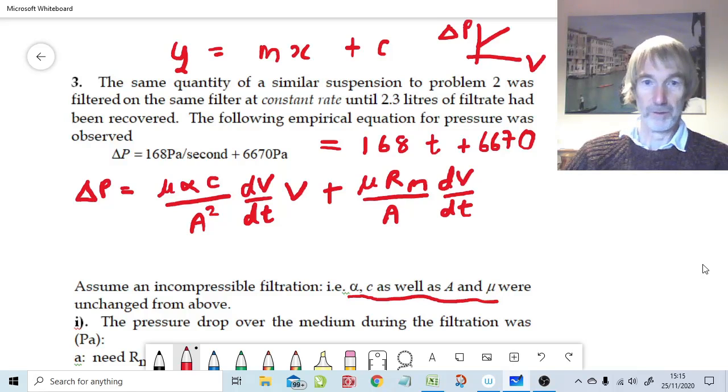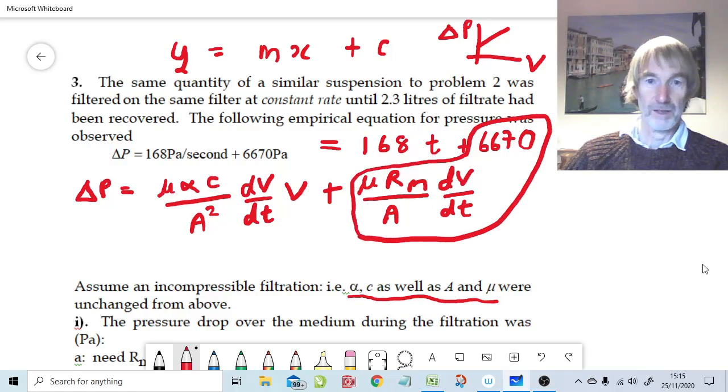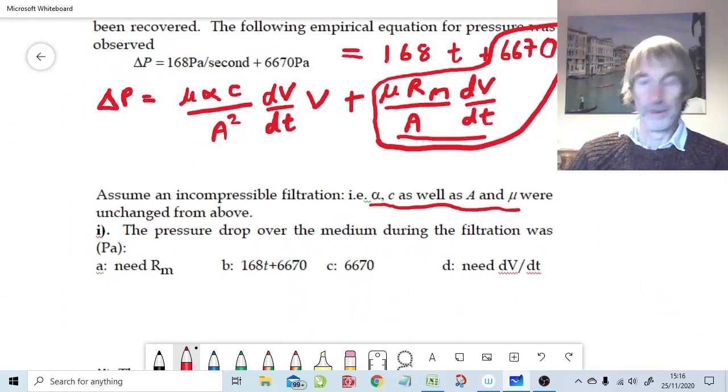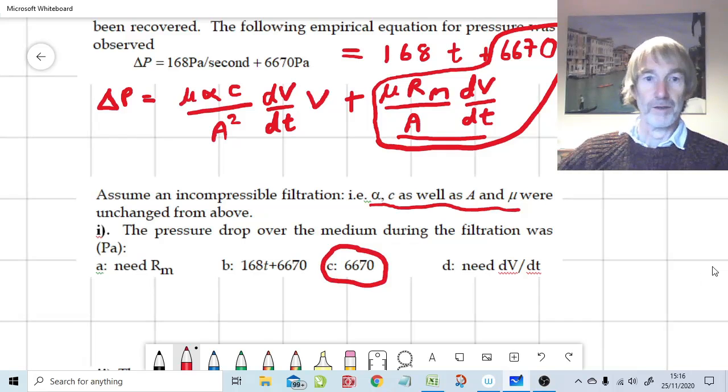It is clearly tied up in what we have here. If you compare the empirical equation and what we know to be a constant from our filtration equation, clearly the pressure drop over the filter medium is 6670. So the answer in part 1, what's the pressure drop over the filter medium during the filtration? 6670. Okay, that's nice and straightforward.